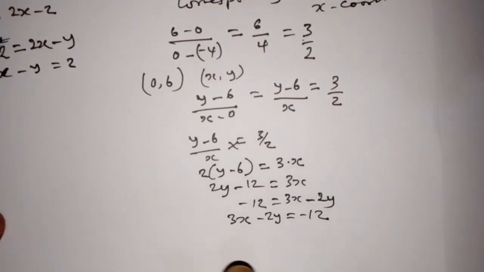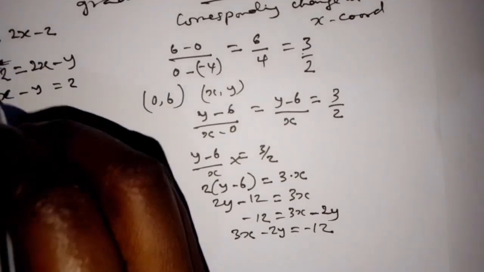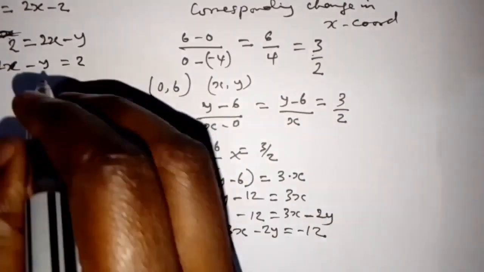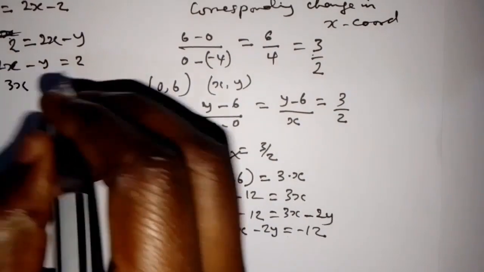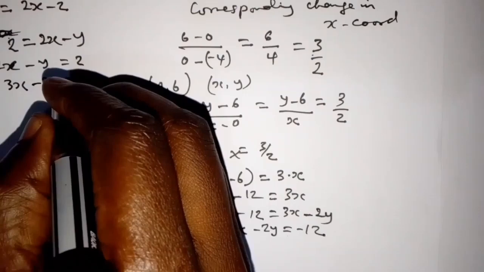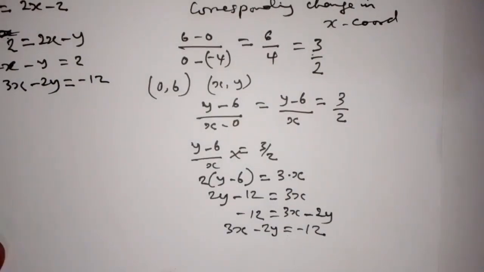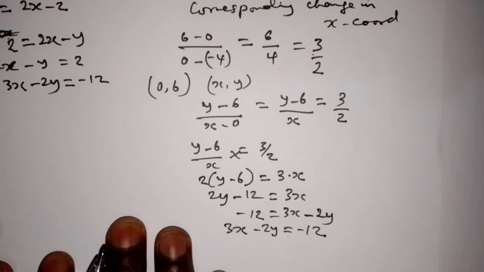And we have found this other equation of this other line L1 to be 3x minus 2y is equal to negative 12. So now we want to solve the two simultaneous equations.